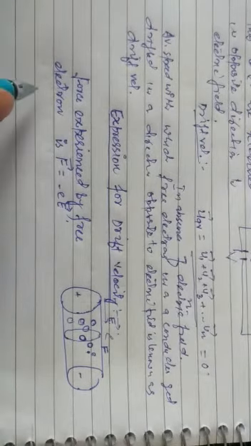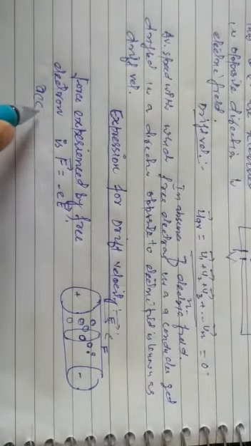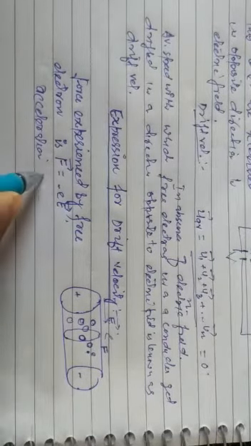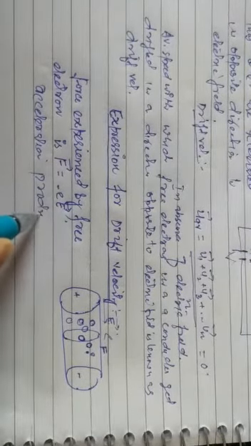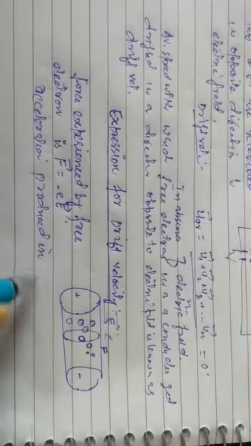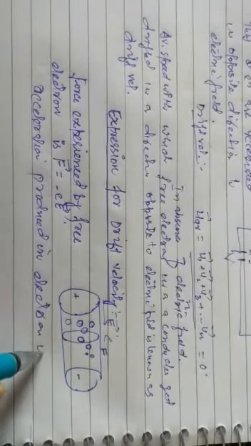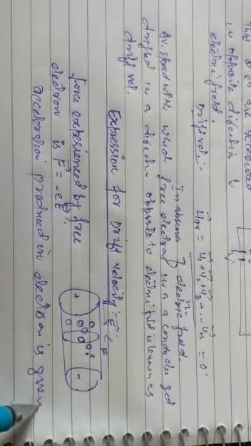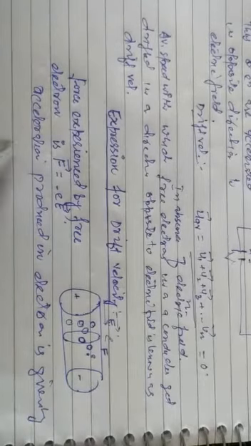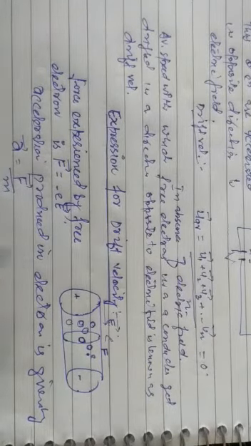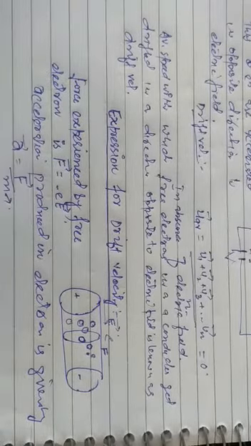The acceleration produced in the electron is given by, from Newton's second law of motion, F equals to m a, so a equals F by m, where m is the mass of electron.